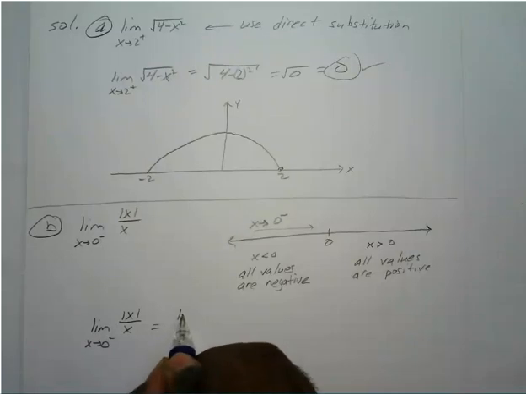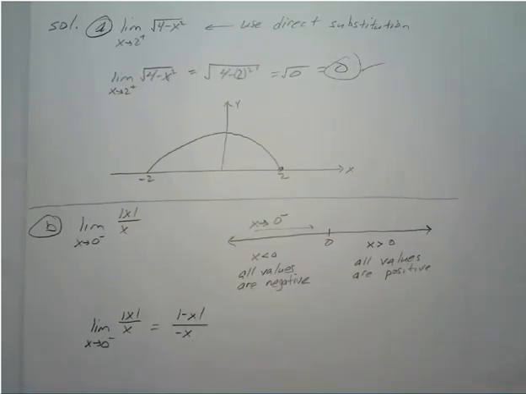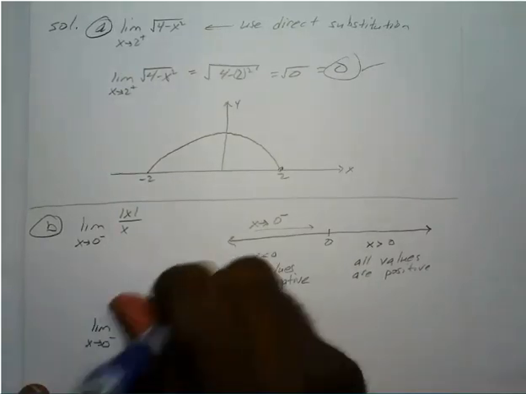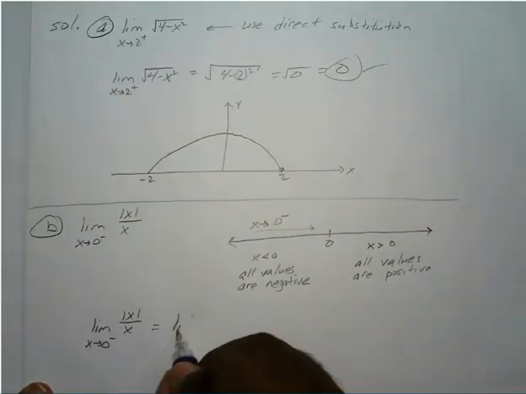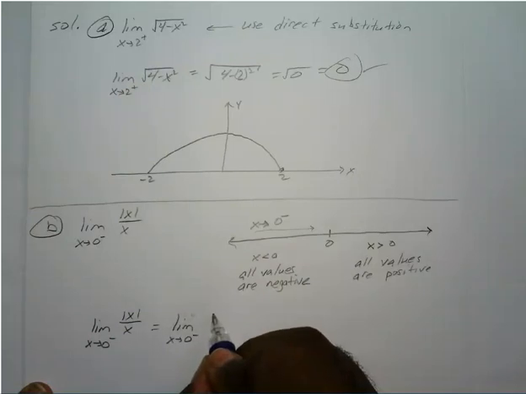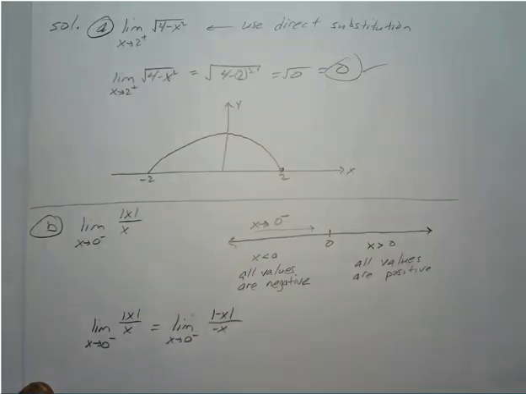So we have the absolute value of negative x all over negative x. Now if you wanted to, you could put the limit there, and actually I would do that just to keep it consistent. Limit as x approaches 0 from the left of the absolute value of negative x all over negative x.